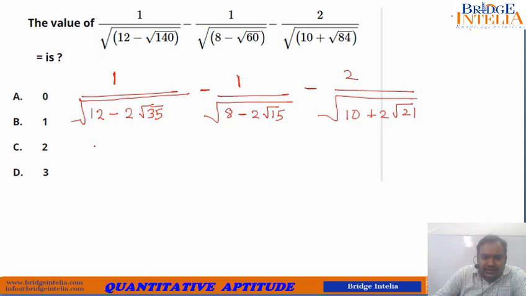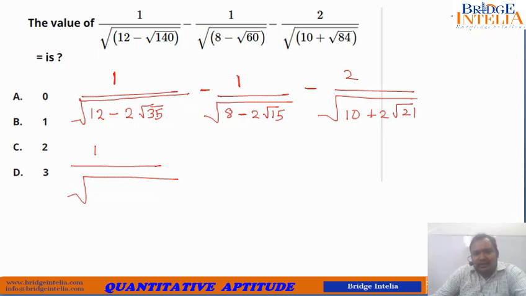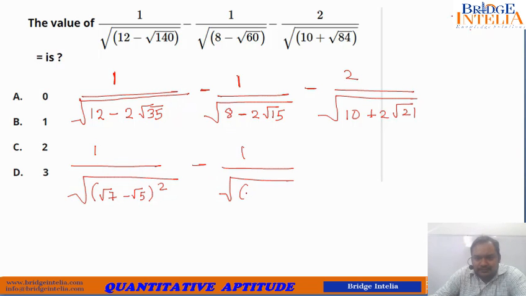Now let's see, there is a big hint, root 7 and root 5. So this entire thing becomes root 7 minus root 5 whole square. Now what is 15? Root 15 is root 3 into root 5, and 3 plus 5 is 8. So this is nothing but under root of root 5 minus root 3 whole square, minus 2 divided by under root of, leave 10 as it is.